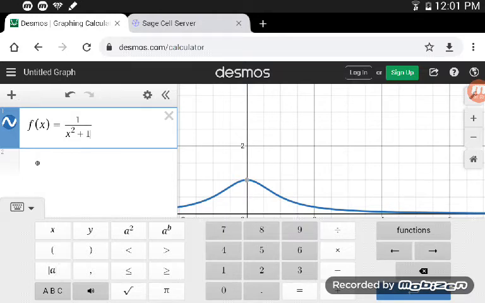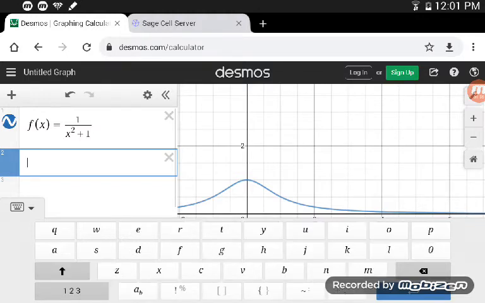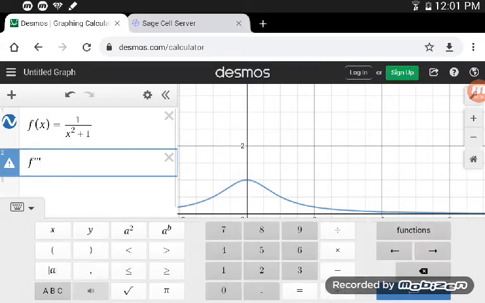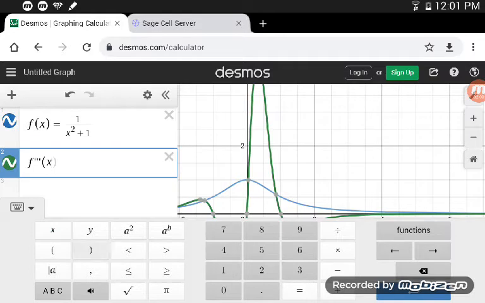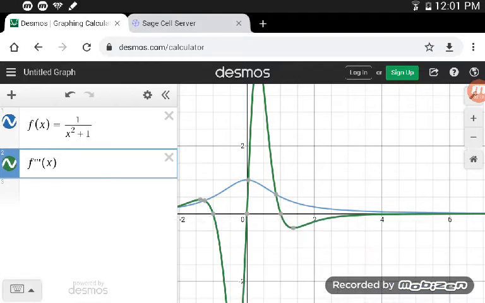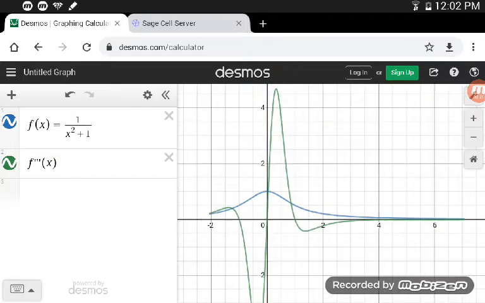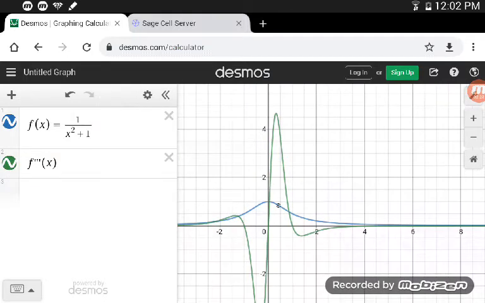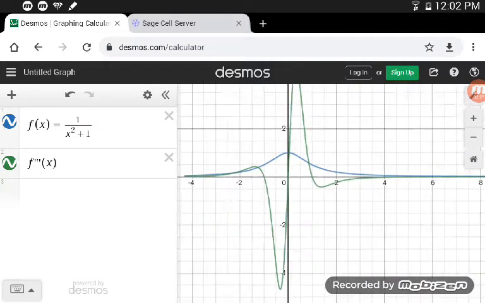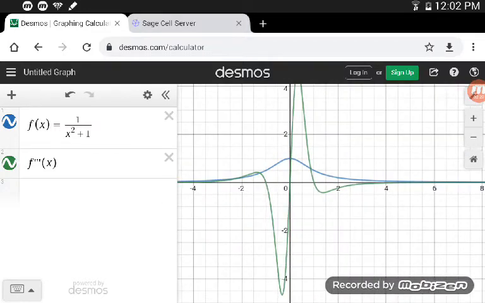But what's nifty is I can go here and say, okay, I want f, and then 1, 2, 3 primes, like that, and come back here and say f triple prime of x, and there we have the third derivative plotted, and we want to look between 1/2 and 3.